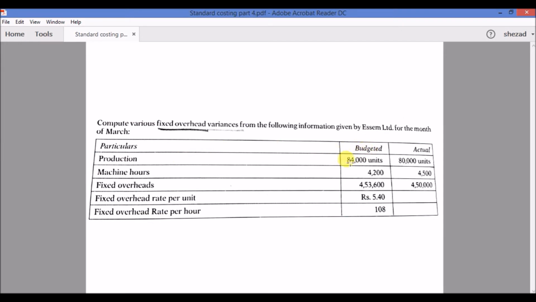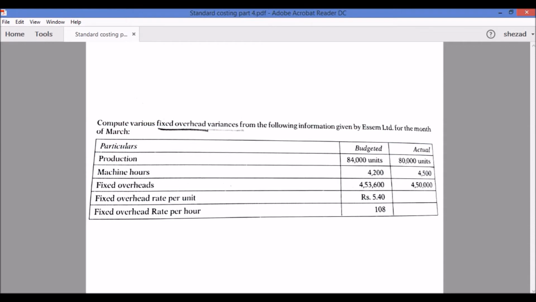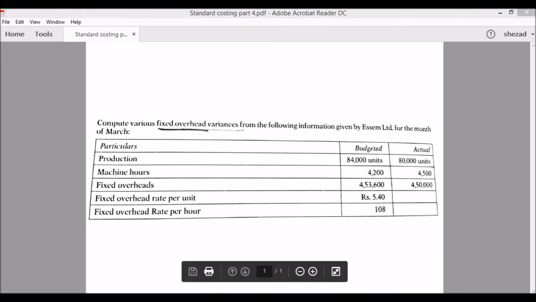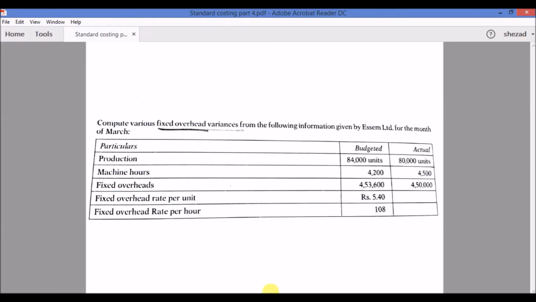Now the budgeted units are 84,000 units and actual is 80,000 units. Then machine hours are 4,200 hours and 4,500 hours.